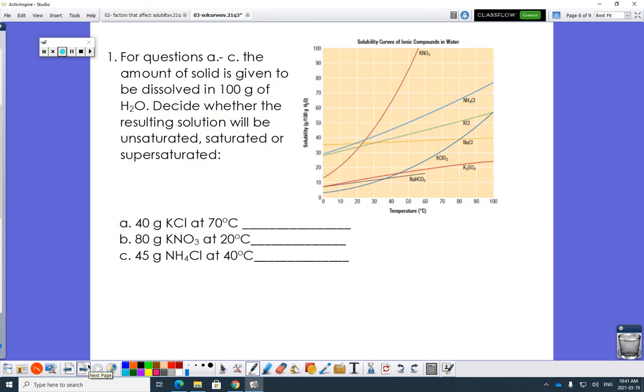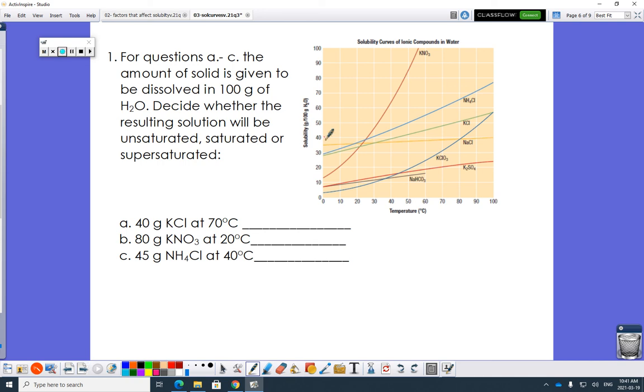Unfortunately, if you take a look at your textbook, people might have actually written in the textbook, because that is a good way to try to do this. So you go to 40 grams, which is here. Again, if that picture is too small, take a look at the bigger one, okay? Then 40 grams and KCl, which is this line here, and 70 degrees.